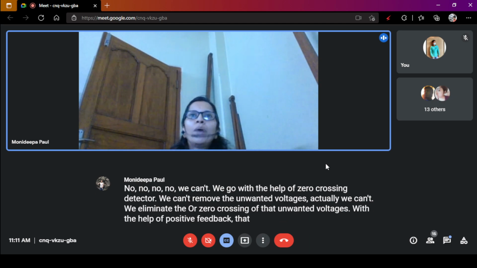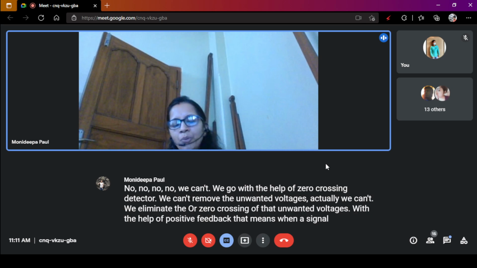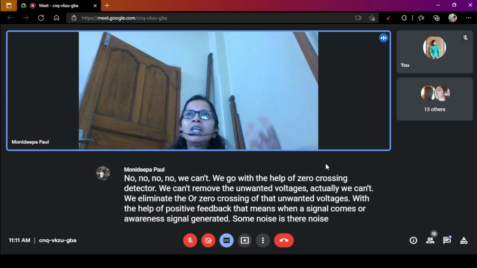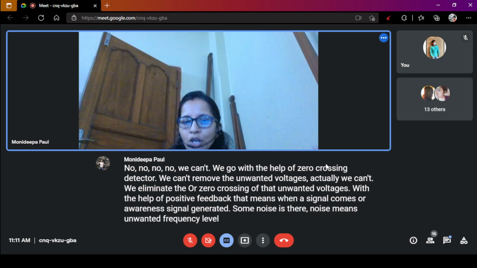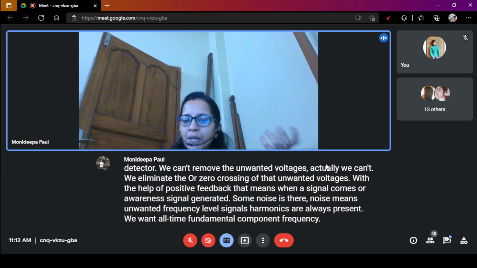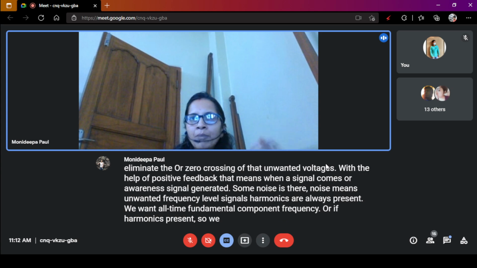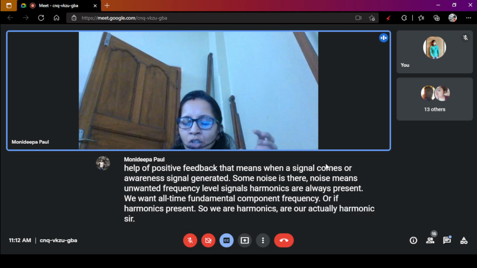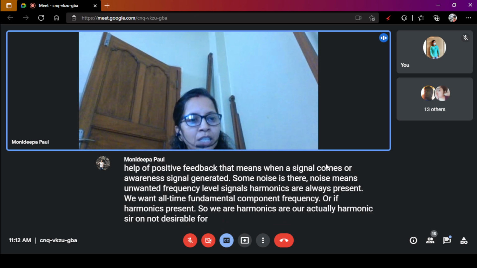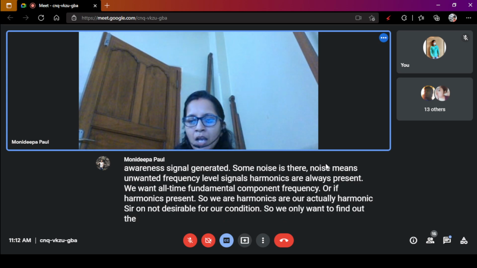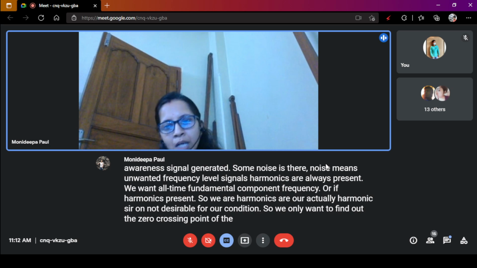That means when a signal is generated, some noise is there. Noise means unwanted frequency signals. Harmonics are always present, but we want the fundamental frequency component, so harmonics are not desirable. We only want the zero crossing point of the fundamental frequency component.